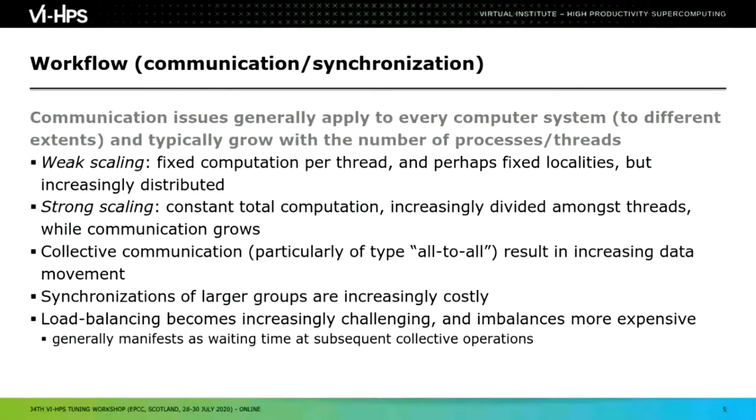In weak scaling, normally you don't have a lot of communication, since each thread will perform its own work on its side. And you don't expect a speedup in weak scaling. You simply expect to be able to process more information. Conversely, strong scaling is where you want to reduce the time by increasing the number of threads, and this usually implies increased communications, so more data and more load balancing issues.